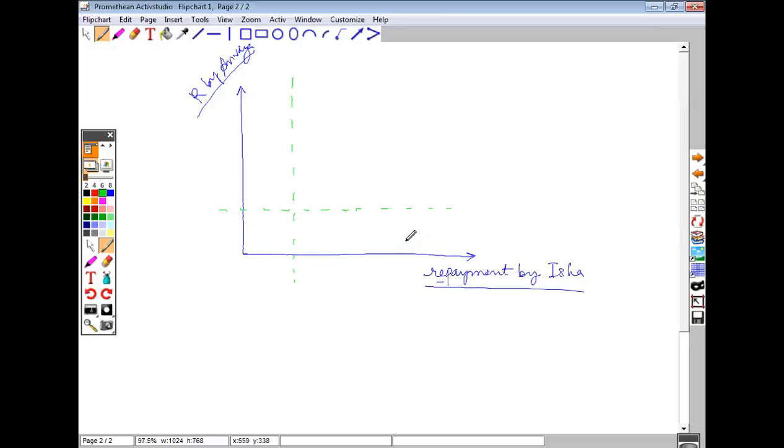Let us say, for now, this much amount has been lent to Isha and this much amount has been lent to Anvaya. So this is the total that these guys will have to pay to Mihir. And let us say if there's a point here, this is x and this is y, where x represents the total amount lent to Isha and y represents the total amount lent to Anvaya.